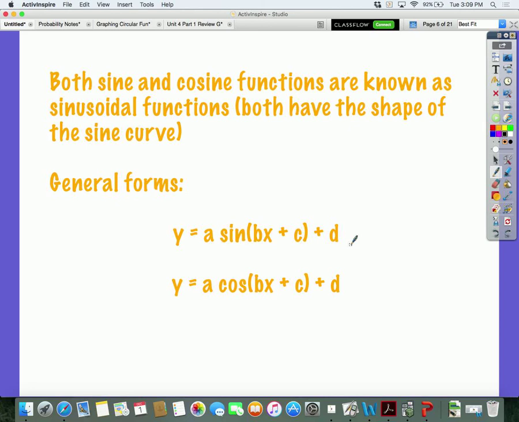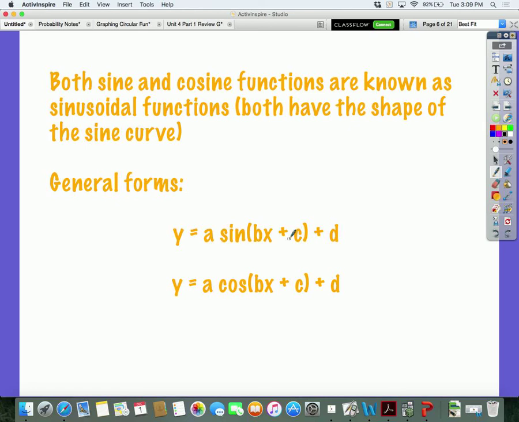Okay? What about if you have a number on the inside? That's the opposite, which means it moves how? Left or right? How do you know it moves left? If it's positive, it goes left. If it's negative, it goes right. So D is up or down. C is left or right, and then A is.